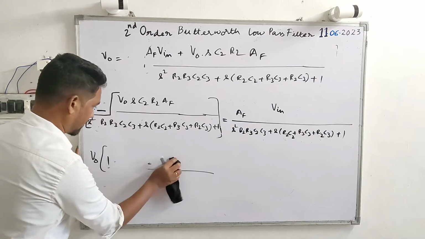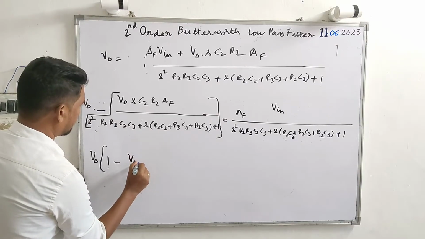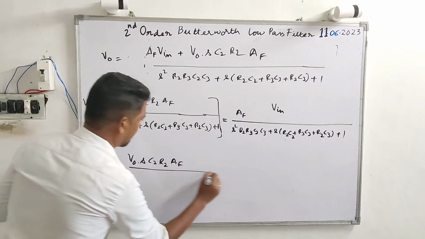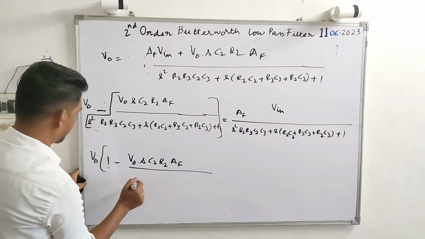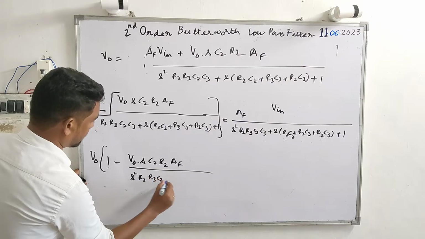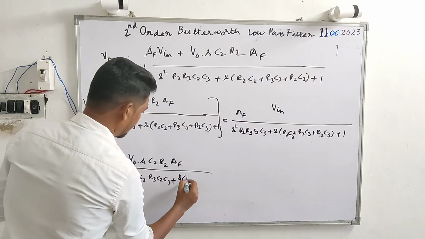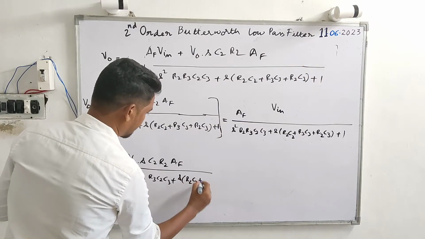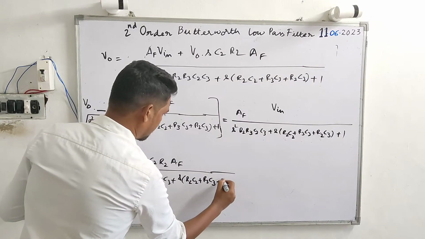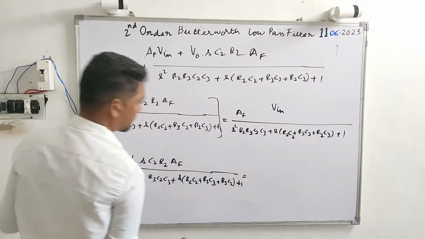No, this is wrong, I'm sorry. We have 1 minus V0 into S C2 R2, the gain, upon... this is applicable only for this one, isn't it? S square R2 R3 C2 C3 plus S into (R2 C2 plus R3 C3 plus R3 C2) close the braces plus 1, in this term, which equals that one.